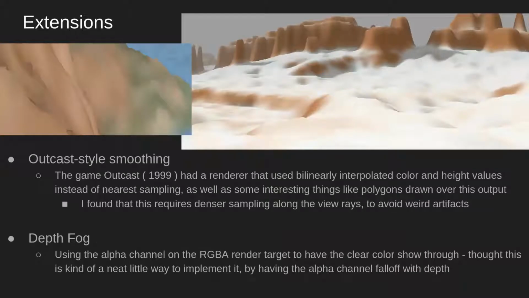One other thing I tried, and this is the same type of rendering. This is done by a game a couple of years later called Outcast. And basically what they did to extend this algorithm was to filter the textures. And I'm not really sure if I care for this so much, but it is definitely smoother.